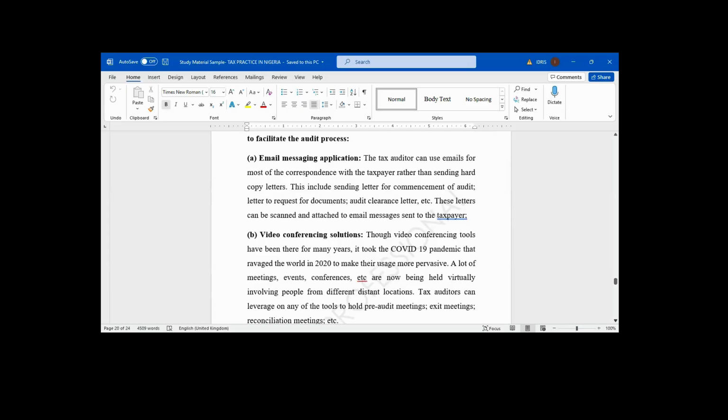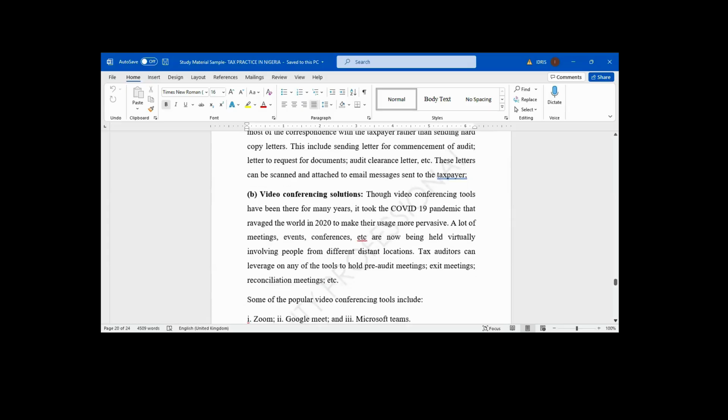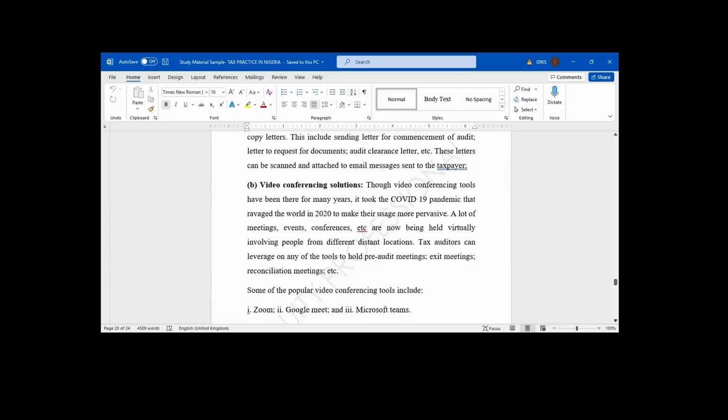What are the examples? This Zoom that we are using now is part of video conferencing. We have another one called Google Meet. We have another one called Microsoft Teams. All these are video conferencing.